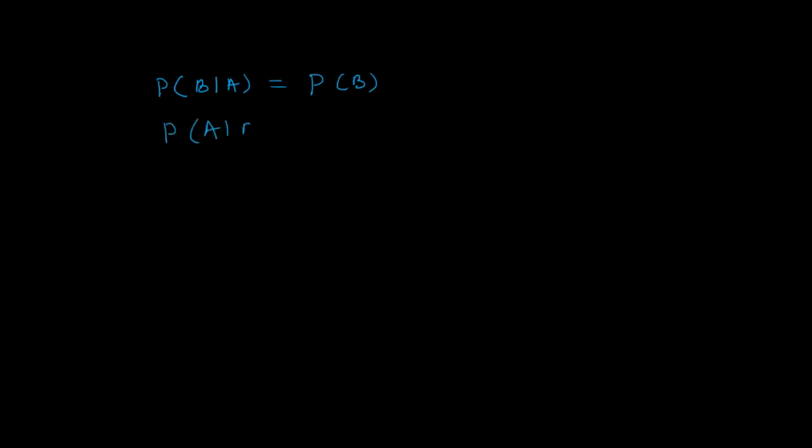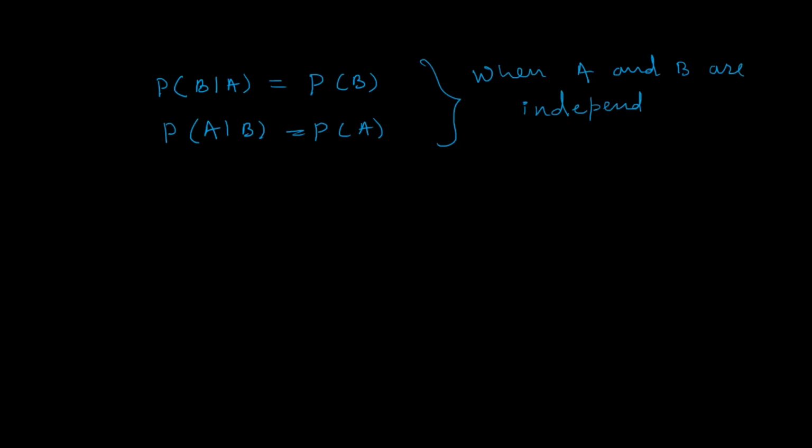A conditional B will be equal to probability of A when A and B are independent. This is the condition.